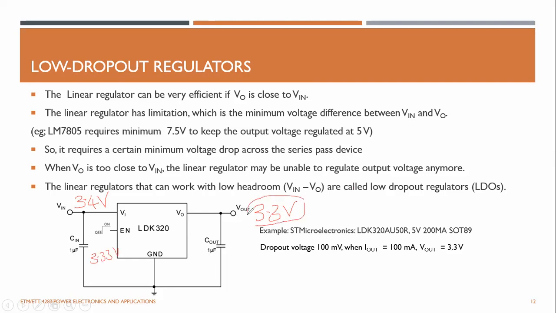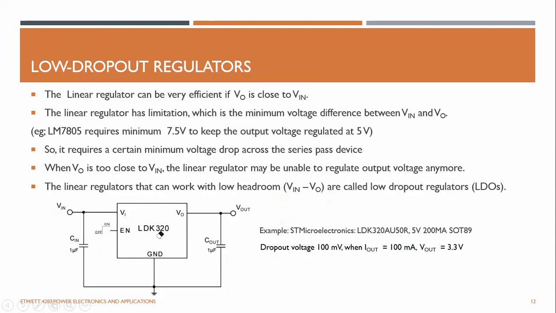It will not regulate. It maybe goes to 3.35 volts. So the input voltage should be greater than the output voltage plus this dropout voltage, right? Only then does any linear regulator work.